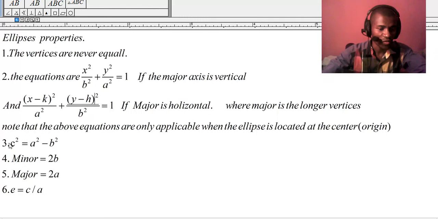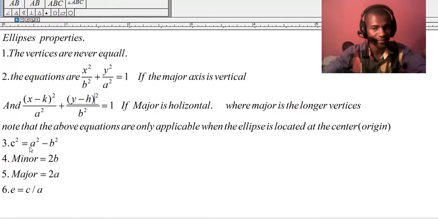Okay, and we should also know that these equations are very important when you are dealing with ellipses. So we are saying c squared is equal to a squared minus b squared. This one came from Pythagoras theorem. I will present it to you later.